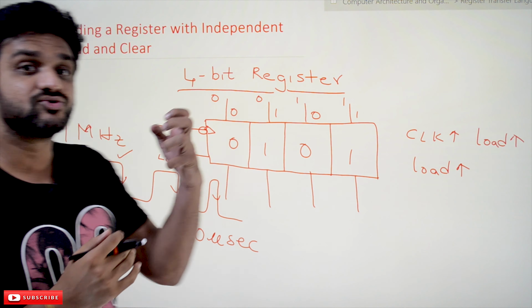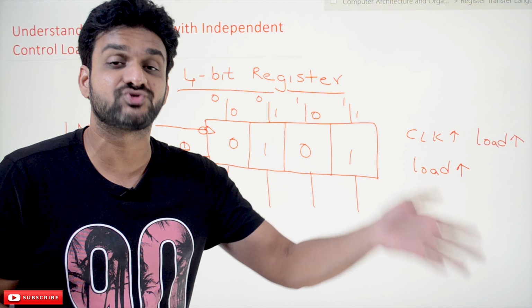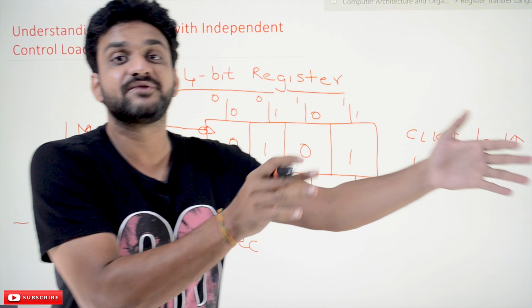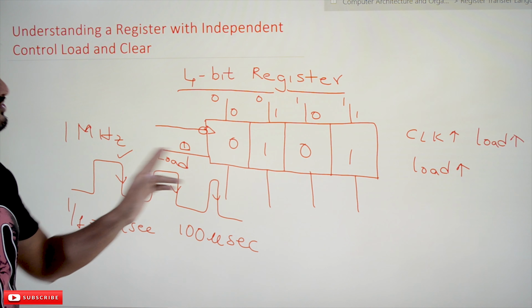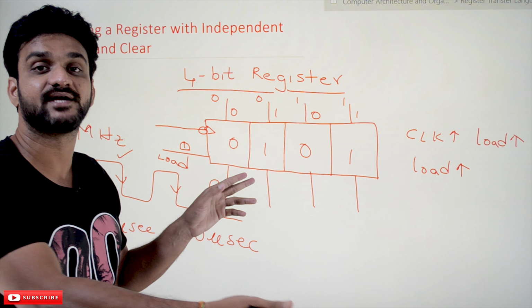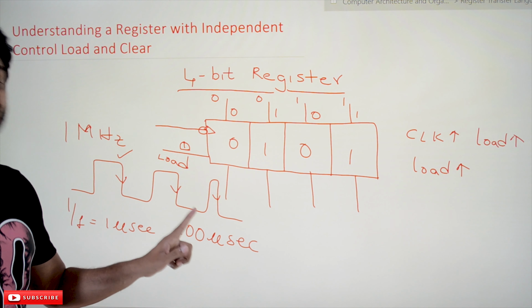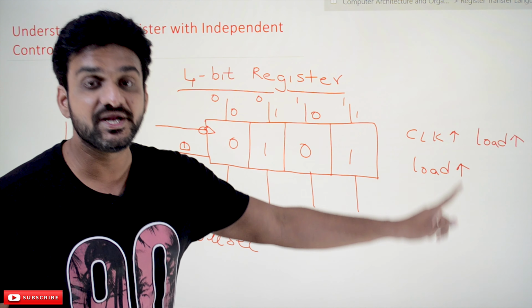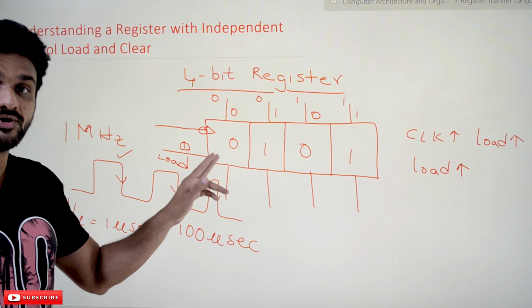So in order to make the values stay stored in the storage device for a certain period of time, there is an independent control. How this control is generated after 100 microseconds, we will try to understand in our later videos. But there is a possibility within the register inputs, which is the independent control called load.